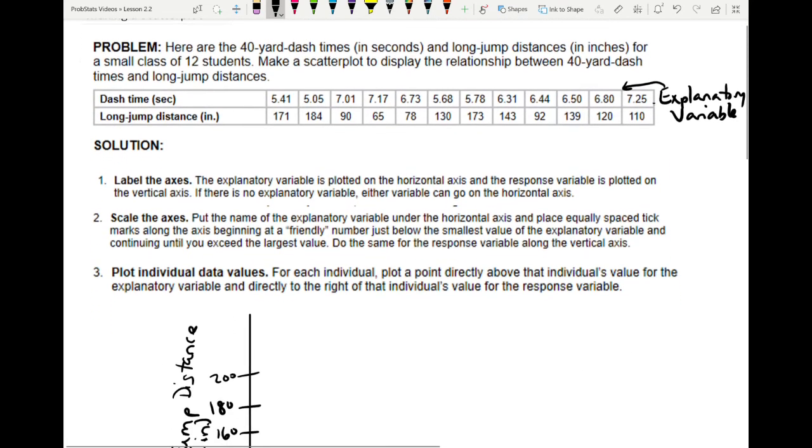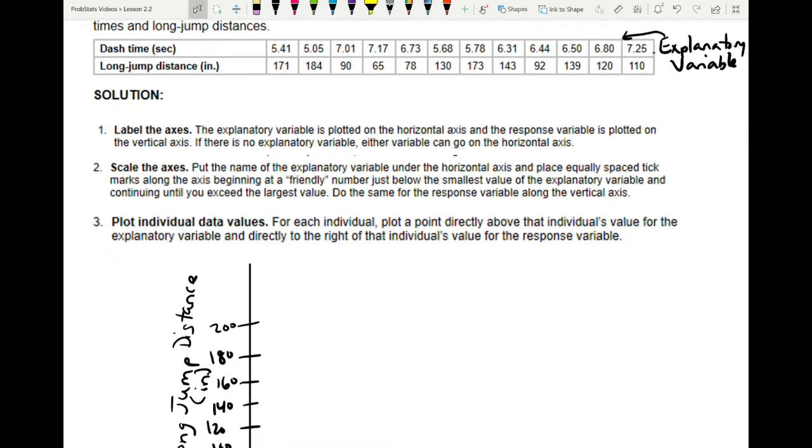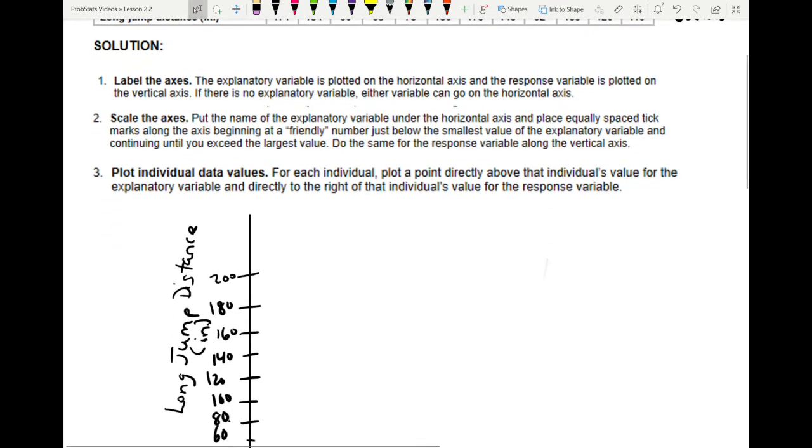All right, so now that we scaled the axis, now we want to plot the individual data values.